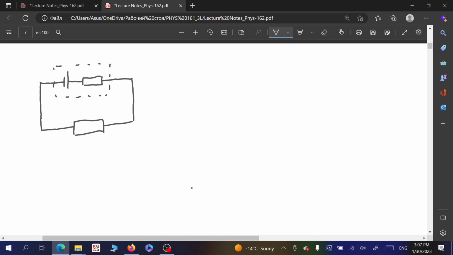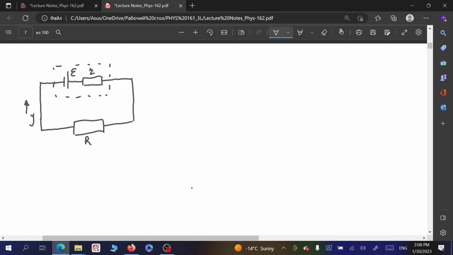The battery will be denoted here as E, here small r, here capital R. And let's say this is our electric current which flows through this electric circuit. So these are the components. It's of course the most primitive, but complete example of a DC electric circuit.